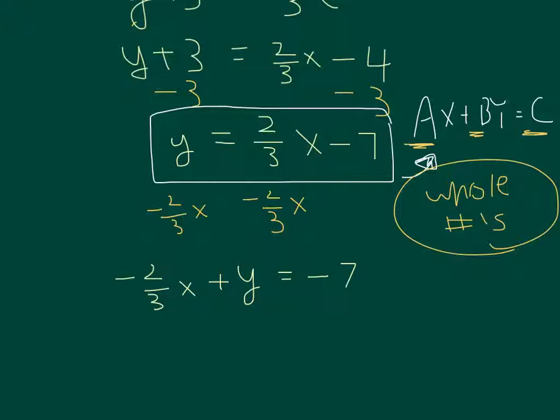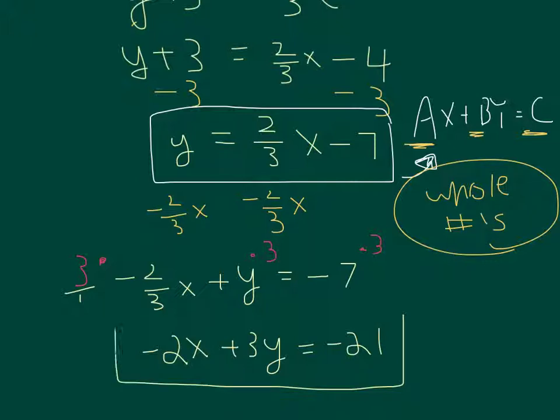And I'm going to multiply each of my terms by 3. If you don't write it right next to each term, you're going to forget to multiply it, so please make sure you are doing that. Now I'm going to multiply 3, which is just 3/1, to -2/3, and I get -2x plus 3y equals -21. And that is the same equation but rewritten in standard form.